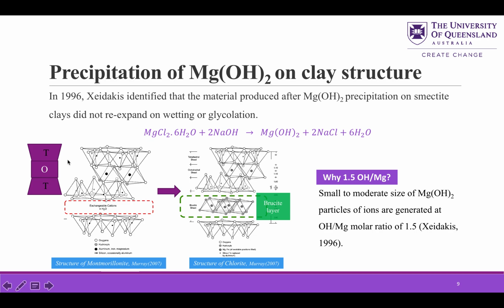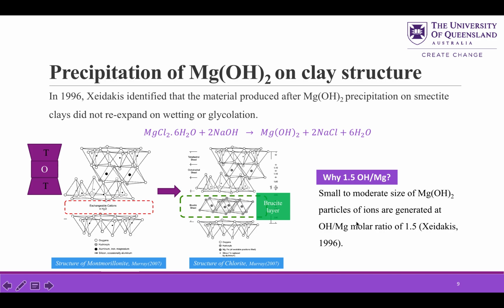What happens in a structure of montmorillonite, in this case bentonite, is that when you treat it with magnesium salt and sodium hydroxide, the layers in between the clay change and form a brucite layer, where magnesium reacts with hydroxide forming a strong brucite-like layer, and this structure resembles a chlorite structure, which is a non-swelling clay structure, and that's how montmorillonite gets converted to chlorite by precipitation of magnesium hydroxide between the clay layers.